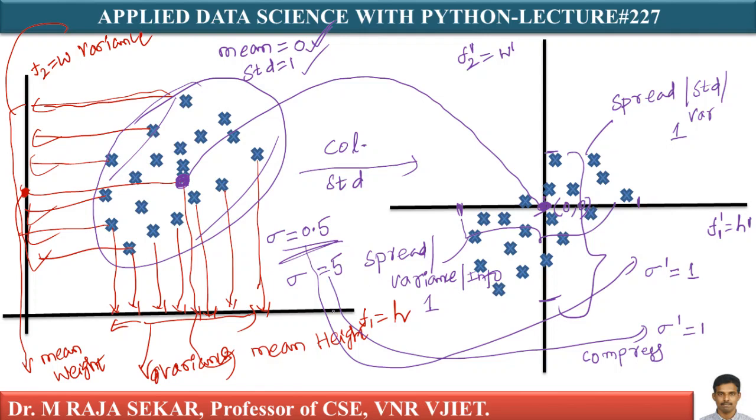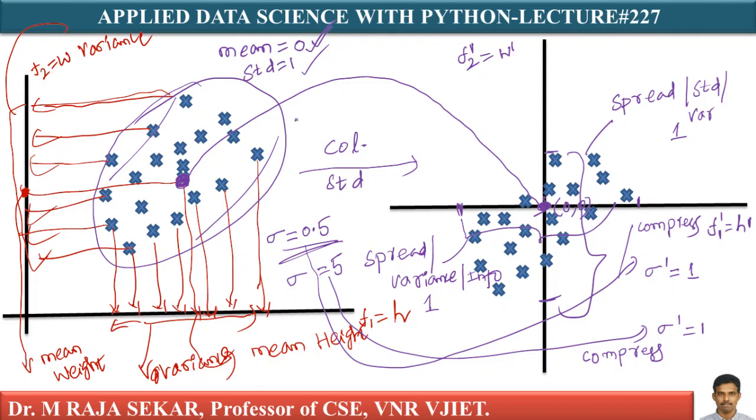In the case where sigma equals 0.5, I must expand the original data so that the standard deviation of the new data is 1, isn't it? These 2 points are important: moving the mean to 0 and adjusting the standard deviation to 1. These 2 points are the essence of column standardization geometrically.